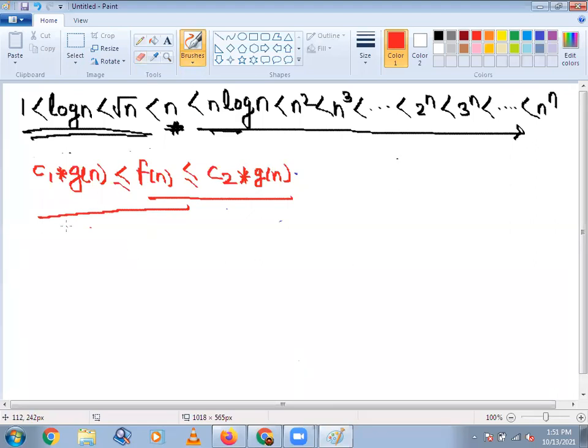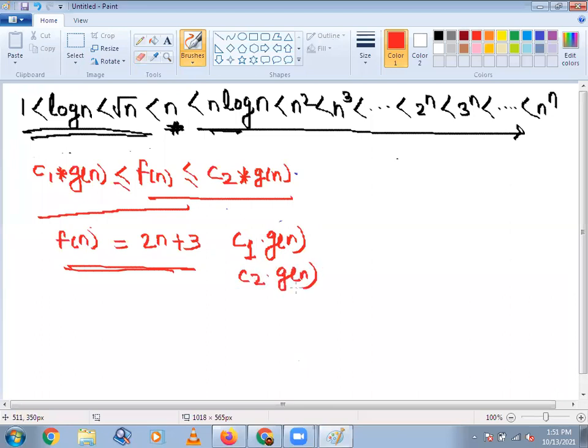Suppose f of n is given as f of n is equal to 2n plus 3. We have to find c1 into g of n and c2 into g of n using this equation.